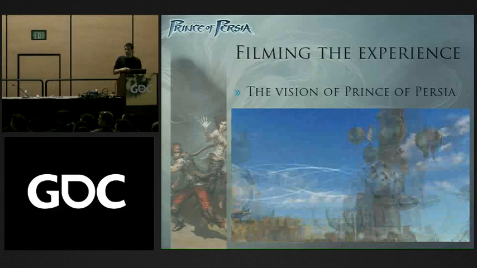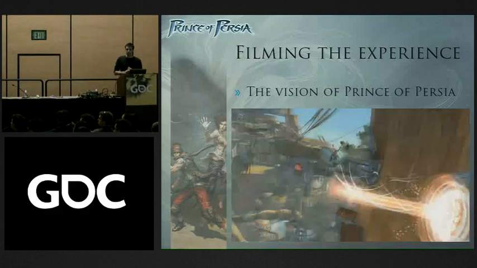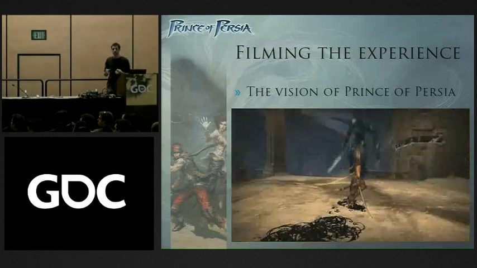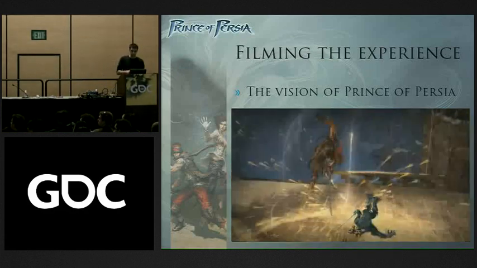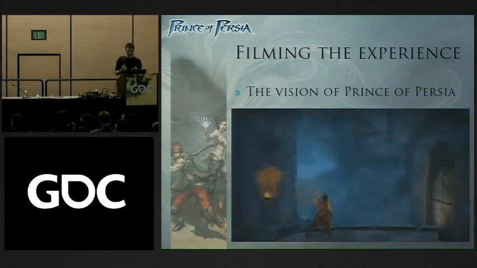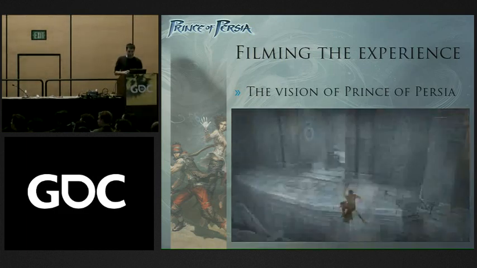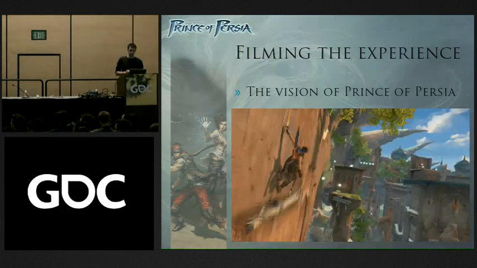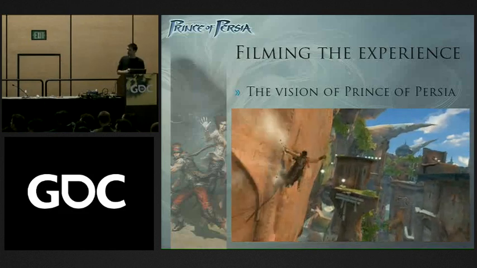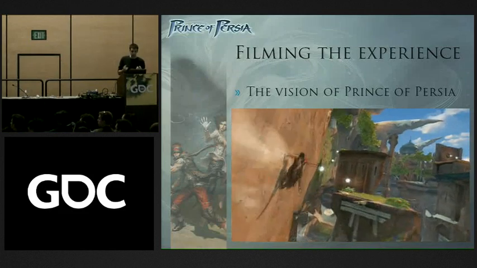During the fight, we also had some interesting things to show. We wanted to show the combos in a very cinematic way. You can see here the interaction between the prince and Elika. Here you can also see the fluidity of the flow, in fact, of the game.